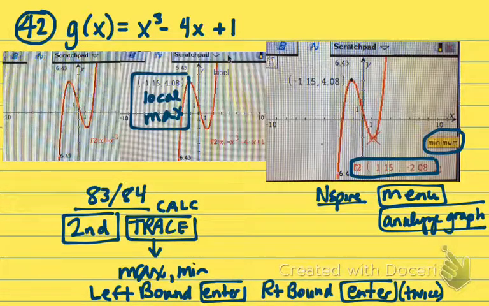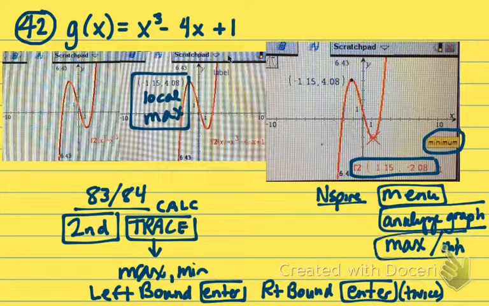And then you're looking for either the max or the min, and you have to choose. They're not on the same line, but you'll pick whichever one, and then it'll ask you for the lower bound, I think is what it calls it, lower and upper on the Inspire. Whether it calls it that on your Inspire may have to do with your operating system update or lack thereof.